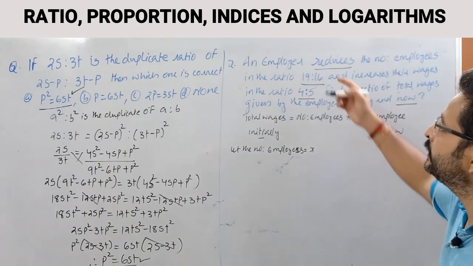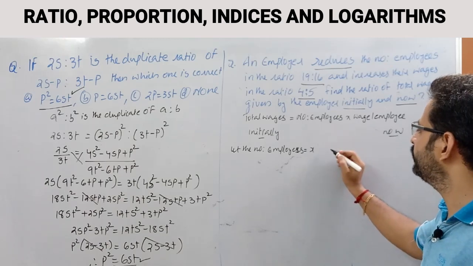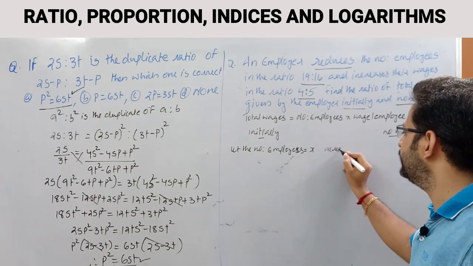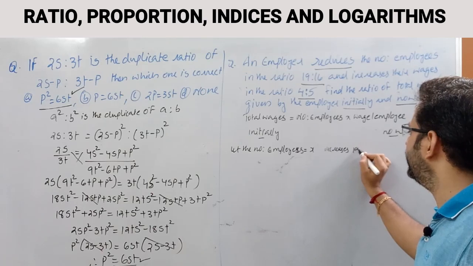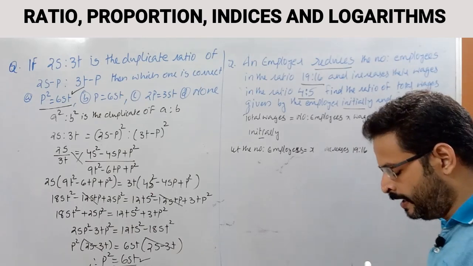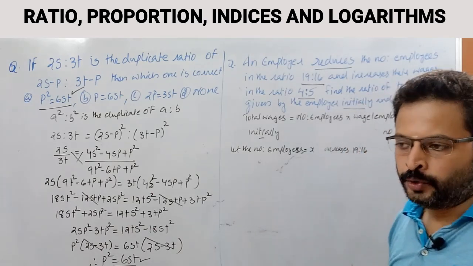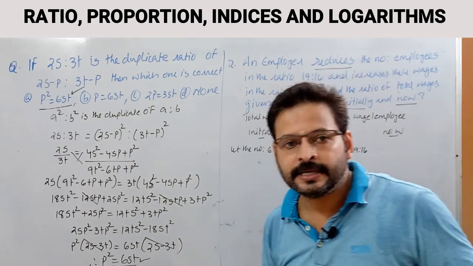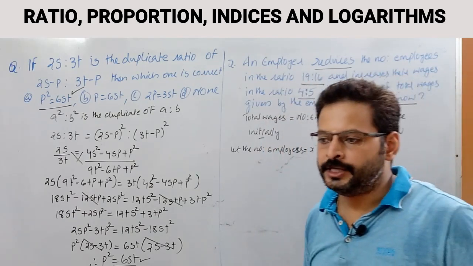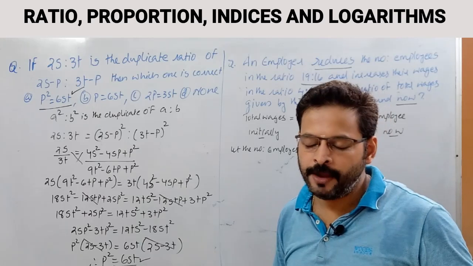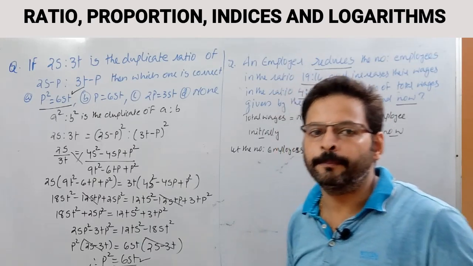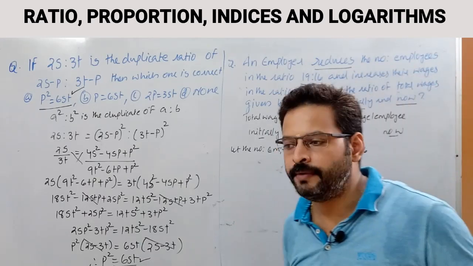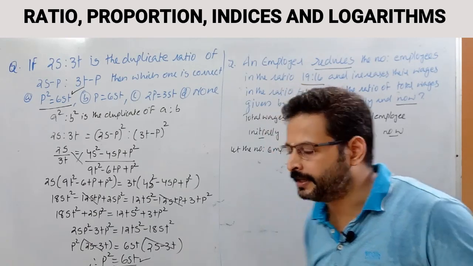Then what happened? Reduces in the ratio, that means decreases in the ratio 19:16. We know that when a quantity increases or decreases in the ratio A:B, then the new quantity will be old quantity into B divided by A. That fraction B divided by A is called the factor multiplying ratio.